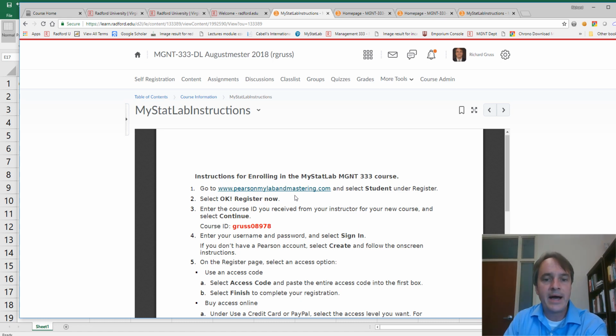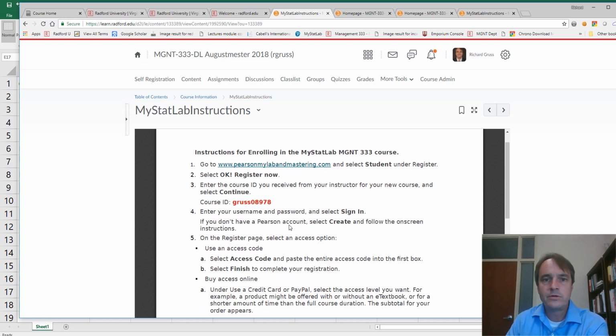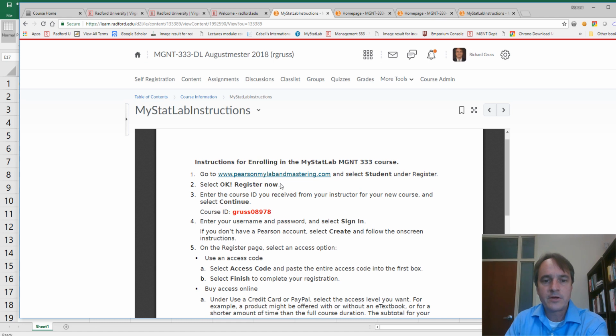And I think you can buy it directly by going to this website and putting in a credit card, or some people have to work through the university for scholarship money or something like that. But if you are in a position to just pay with a credit card, you can go directly to this website and then just register.